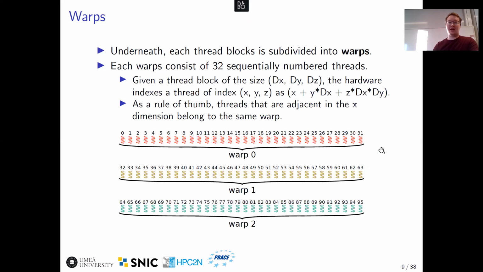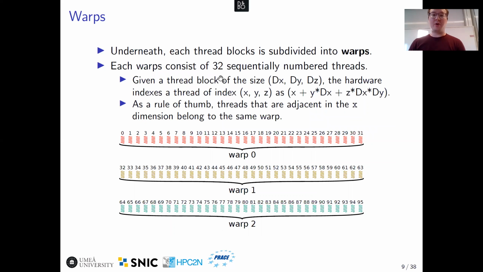The first complication is that the thread blocks are actually subdivided into even smaller units called warps. And within each warp, there are going to be 32 sequentially numbered threads. This is why in the previous lecture I mentioned that the thread block size should be a multiple of 32. That is because the thread block is divided into warps.